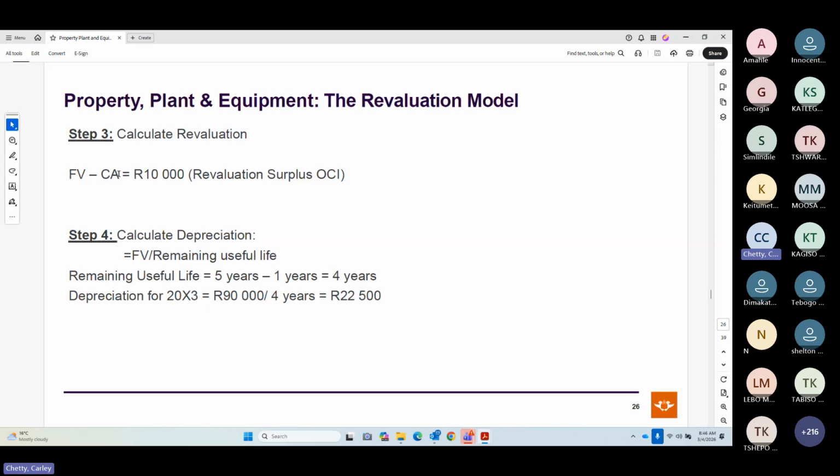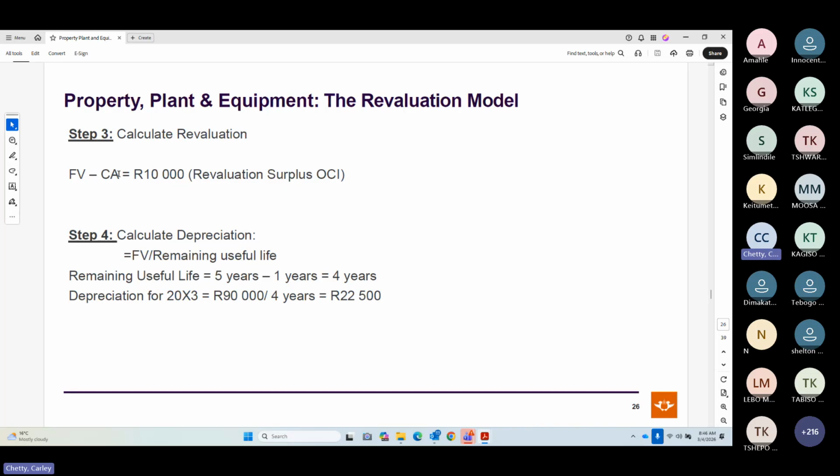So we have a revaluation surplus of 10,000 Rand. Remember, we are going to debit plant cost and credit revaluation surplus. And the revaluation surplus is equity shown in other comprehensive income.